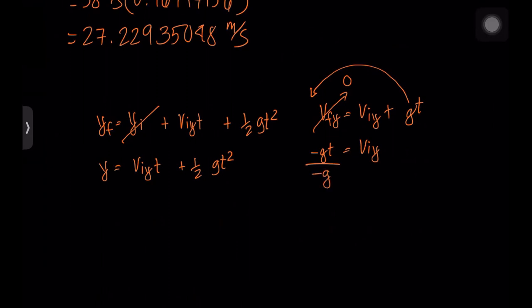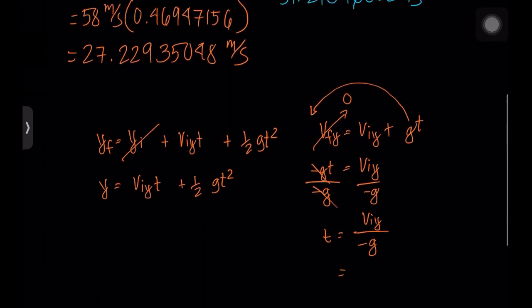Divide both sides by negative g, and t is equal to v sub iy over negative g. The negative there is not because of the value of acceleration due to gravity, but because we transposed it to the other side.